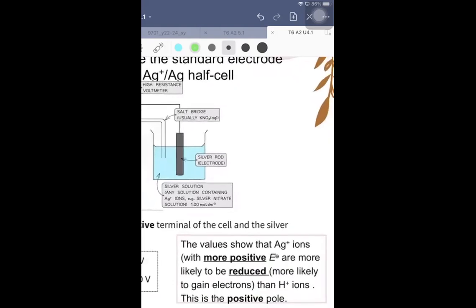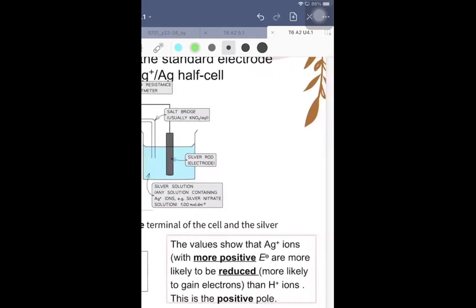Now, this is unlike electrolysis, where at the negative terminal, the cathode, reduction happens, and at the anode, the positive terminal, oxidation is happening. And in electrolysis, we only need to learn about the factors that affect selective discharge.